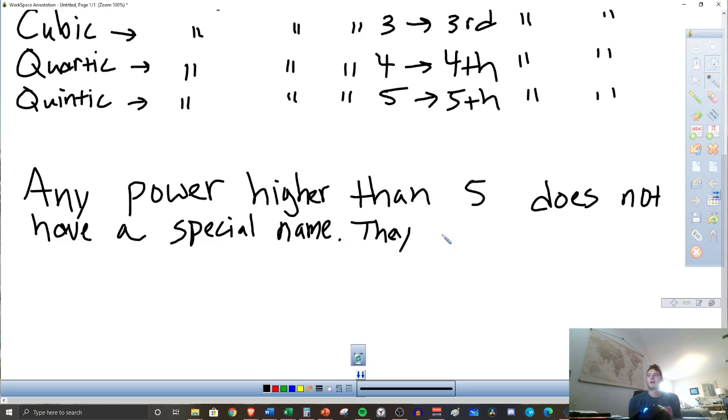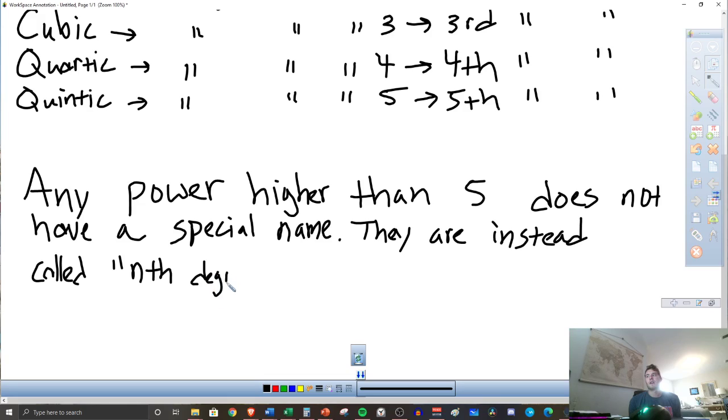They are instead called, we're going to make a general term here, nth degree polynomials. Okay? Or you would use, they were instead called nth degree polynomial.